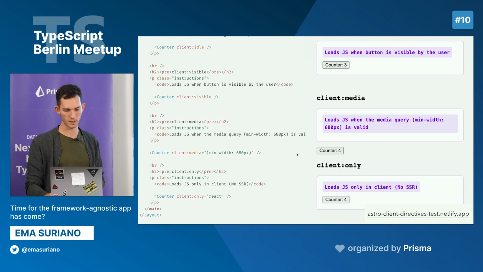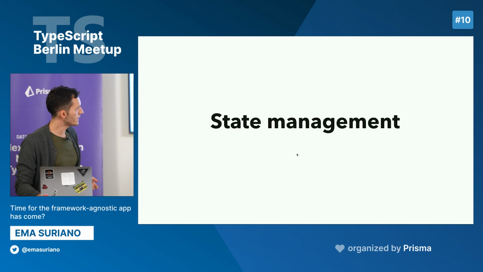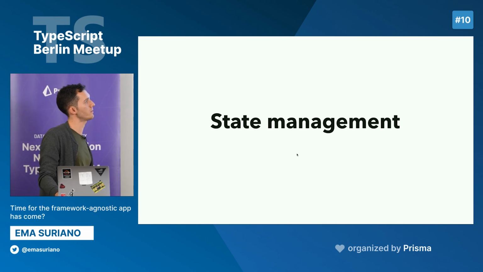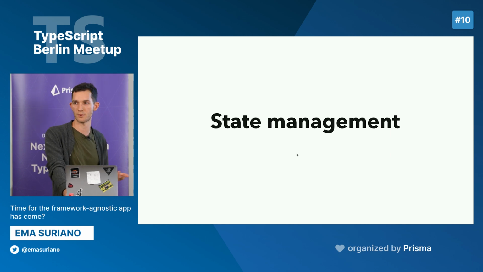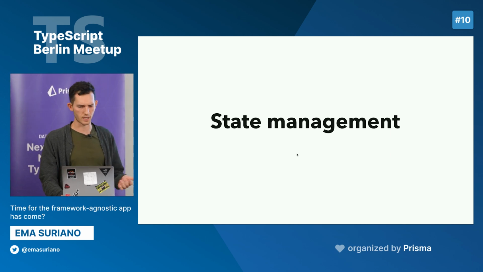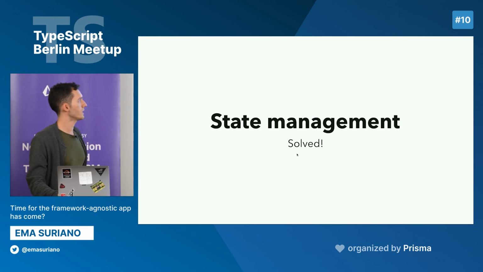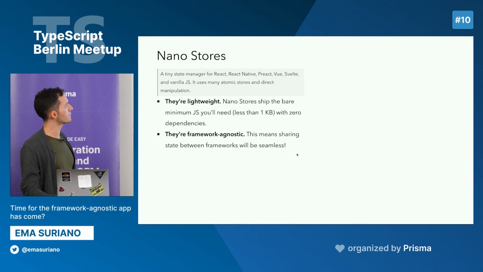So something I didn't cover yet is state management. You might be thinking, how do you do state management when you have so many different frameworks? Every framework does it in different ways, like context, and they also have stores. But that's also solved. We are using something called nano stores.